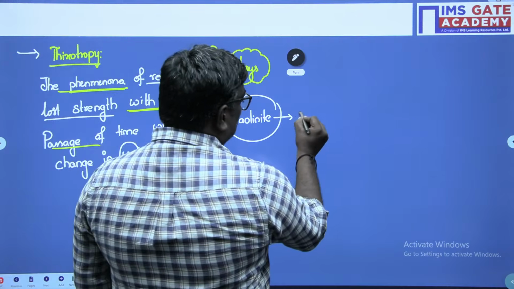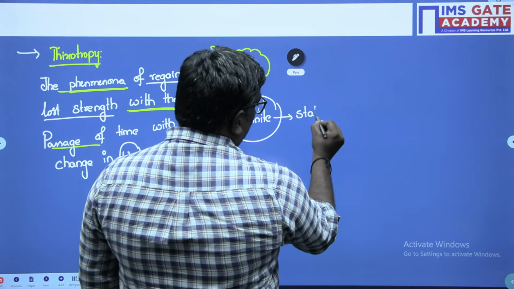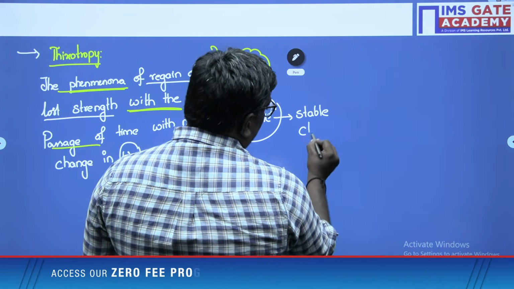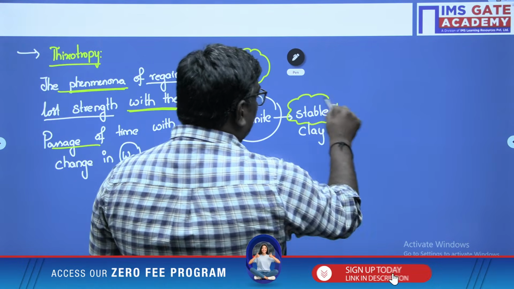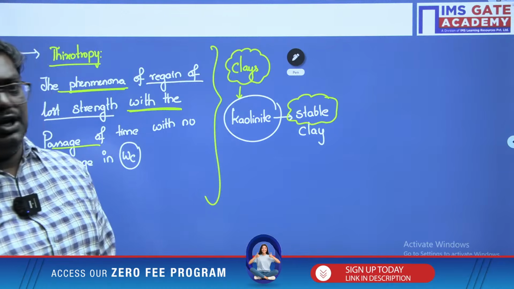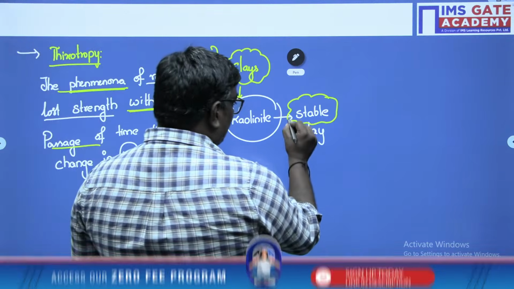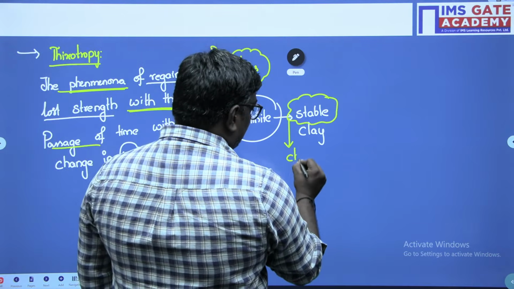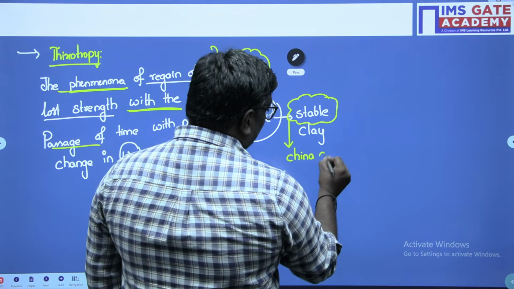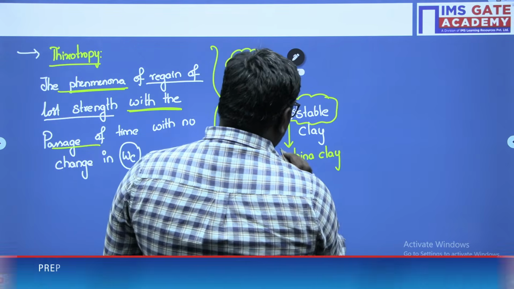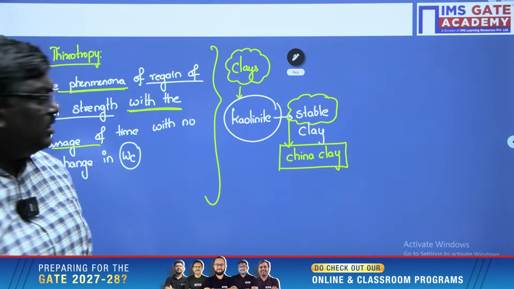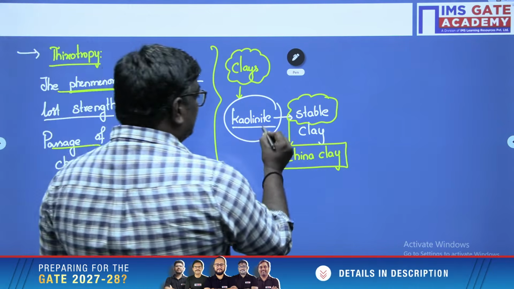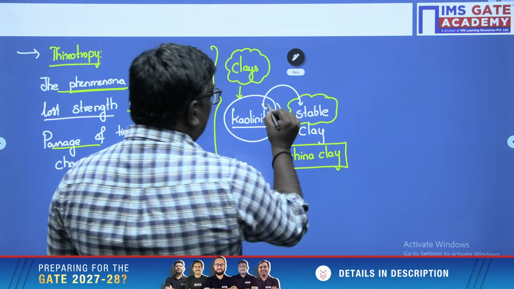It is the most stable clay mineral, if it is not exhibiting any swelling and shrinkage. An example is China clay, the best example of a stable clay mineral. Agree, my dear students? So, kaolinite is nothing but the stable clay mineral.